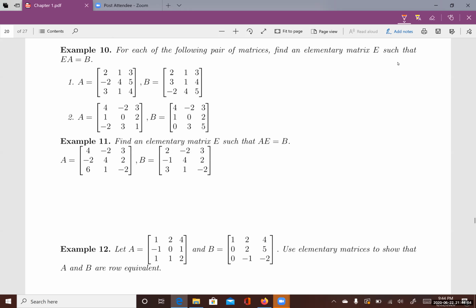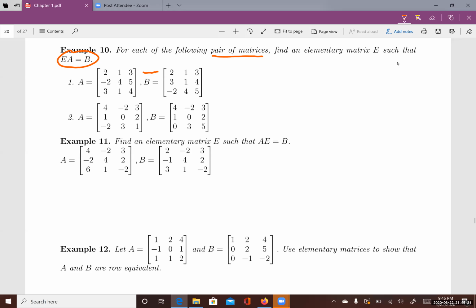For 10, for each of the following pairs of matrices, find an elementary matrix E such that E times A equals B. Again, you want to find E so that when you multiply E on the left side of A, you get B. That means you're changing one of the rows of A by using this elementary matrix E. So we have to look at the rows of A and B. Comparing A and B, row 1 is the same.